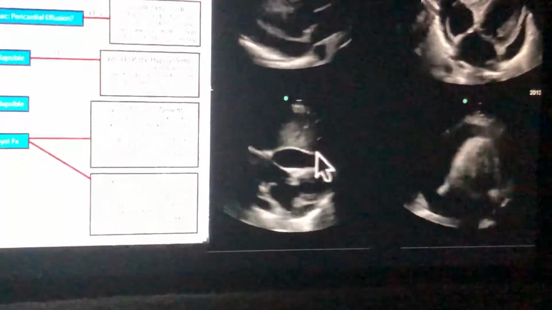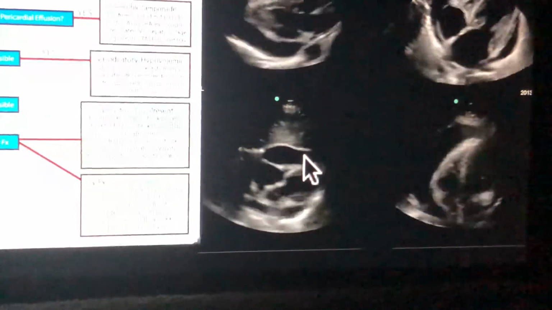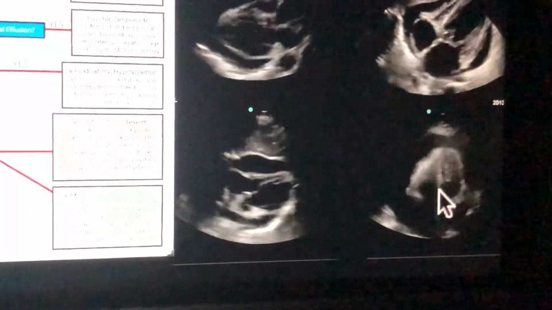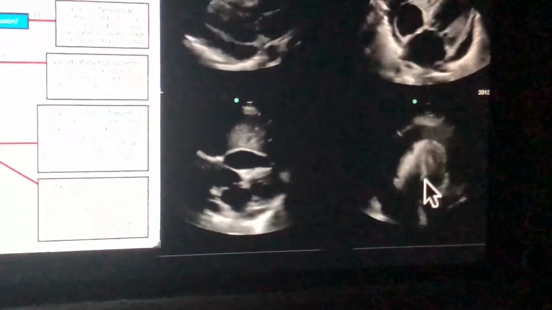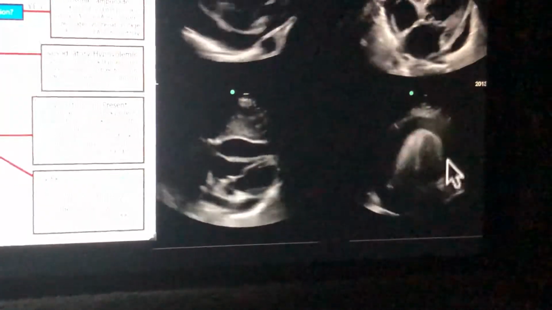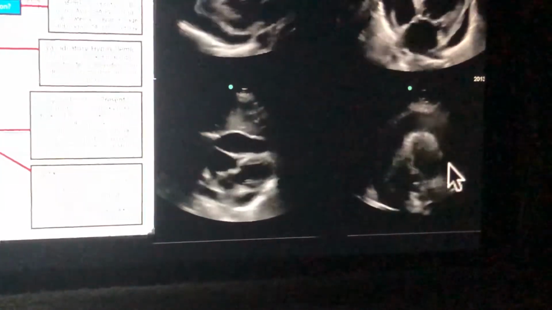Here's another zoomed out subxiphoid window. This big stripe here is pericardial effusion. And then here is a window from out at the apex of the heart, underneath the left nipple. And here you can see a heart swinging back and forth amidst a big balloon here of black fluid, and that is a large pericardial effusion.